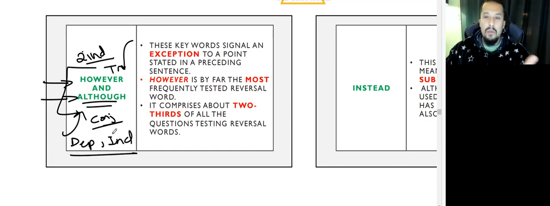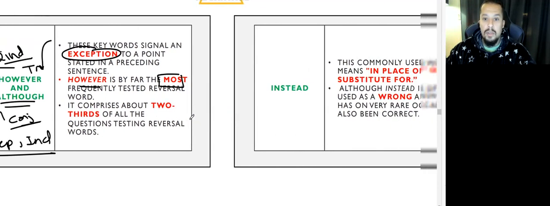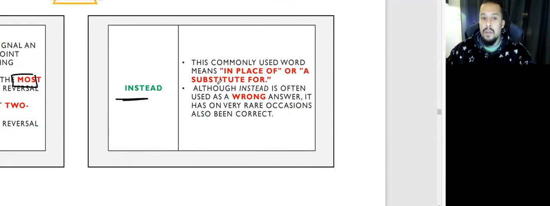I mean, it doesn't really matter with transition questions because you'll have the options in front of you. These signal an exception. However is the most common contradictory word, right? Most answers, if you have a contradiction, will be however. Keep this in mind. Instead means a replacement, in place of, a substitute.